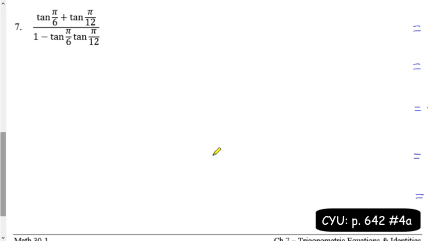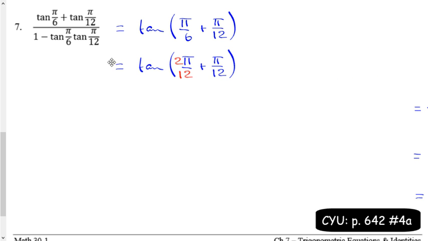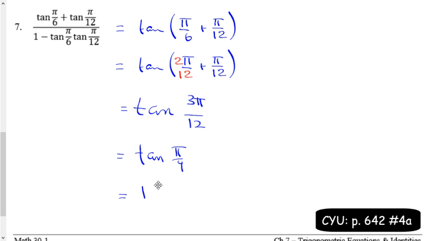So that will be the sum of two angles in a tangent function. And in order to add those together, I'll want to get a common denominator. So the pi by 6, I'll multiply numerator and denominator by 2 to get a 2 pi by 12. Add together, and I get the tangent of 3 pi by 12, which again, we can reduce to a pi by 4. And so we get tangent of pi by 4 is equal to 1.